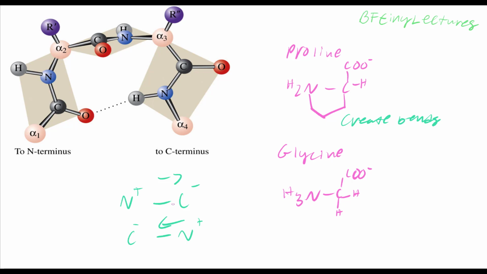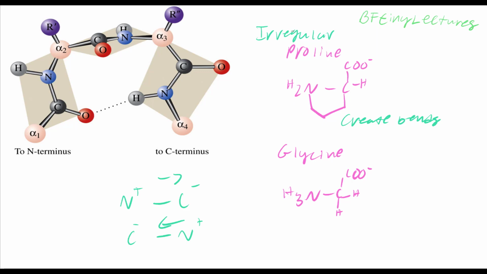It can form a different structure, it can do a different thing. These do not typically happen too much, because you don't really want to use proline and glycine in the first place. So these are irregular.